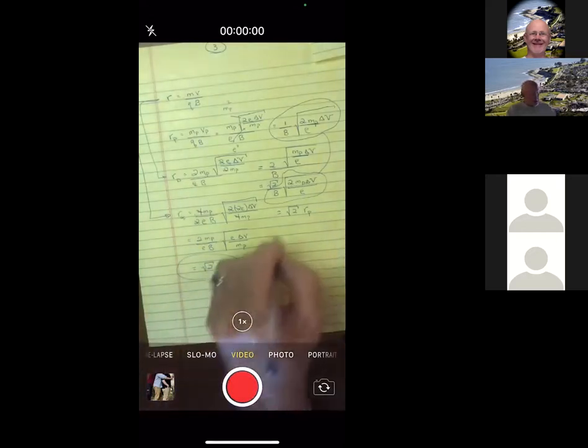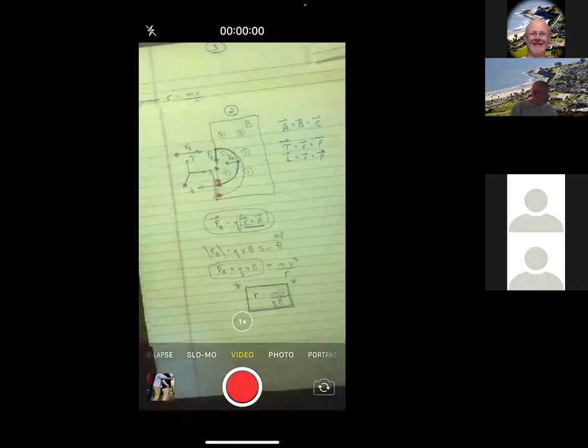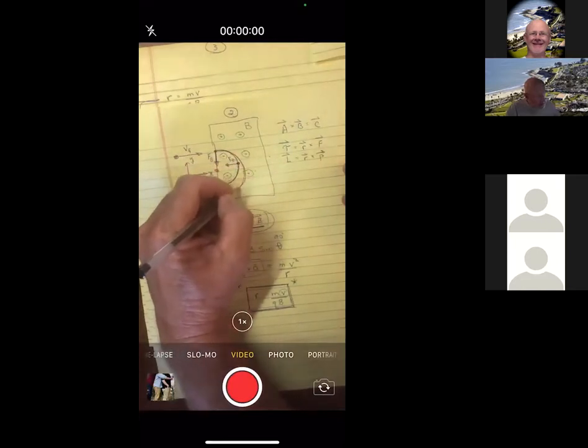And so the deuteron and the proton each have the same radius. So the deuteron and the alpha particle are actually kind of a pain, I guess, because they would follow the same path.